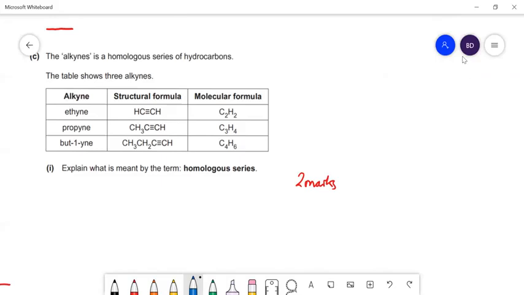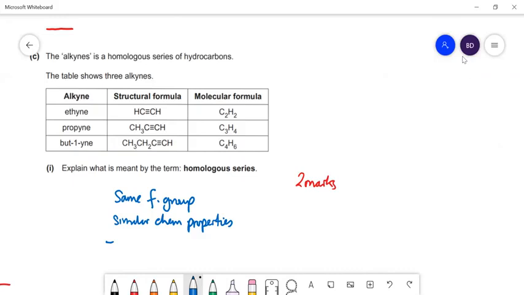For homologous series, I would say the same functional group, and I would say similar chemical properties. OCR are pretty keen on you saying this, so I would always say it.